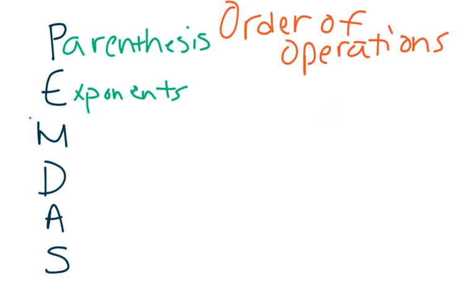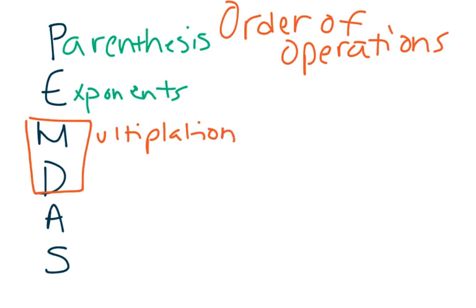Alright, after that we have multiplication and division, and I'm going to box them off here because it turns out that they actually kind of go together. Multiplication. Don't know what it is that I was trying to write there, but there we go. And then we've got division.